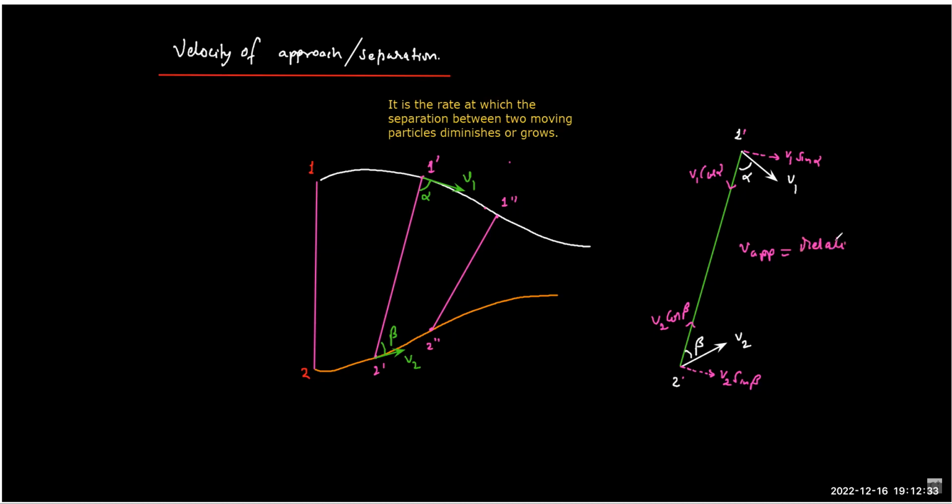Of course it is a relative velocity, but it is the relative velocity in terms of those components which are along the line joining the particles.